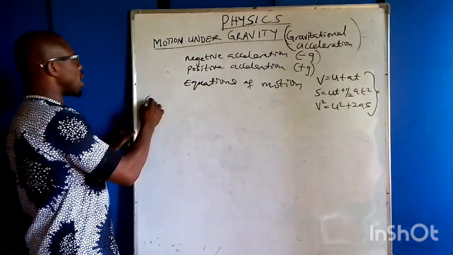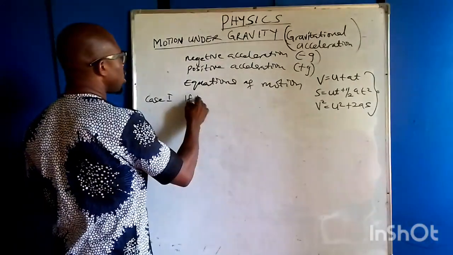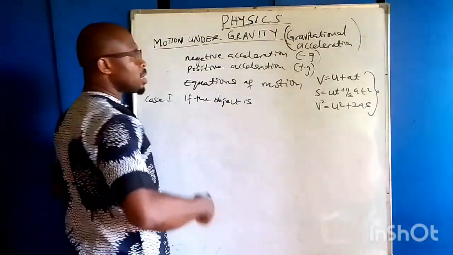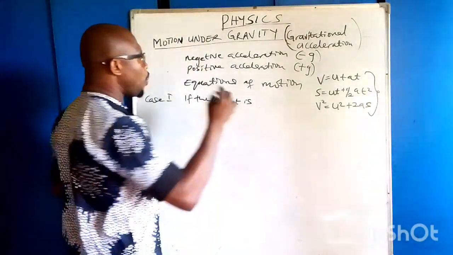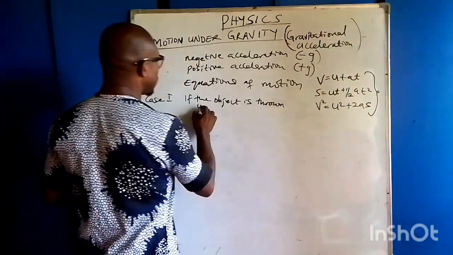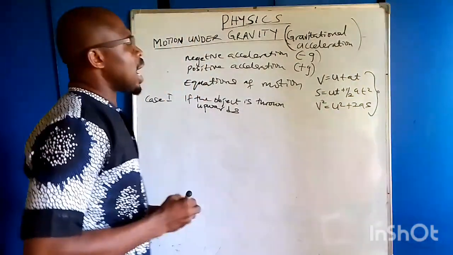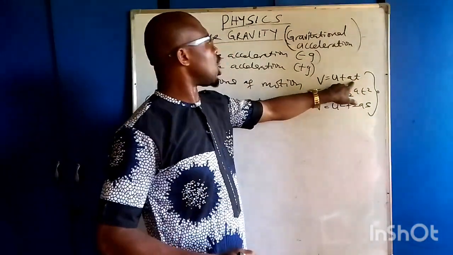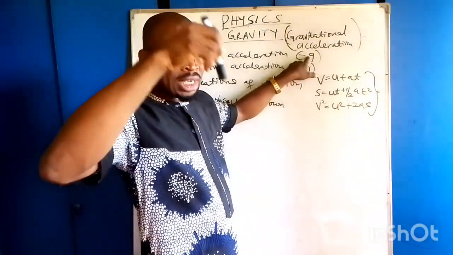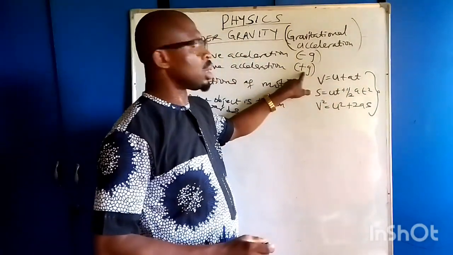Now we have case 1. Case 1 is if the object is projected or thrown upwards. Then this acceleration will change to negative acceleration. But if it is thrown downwards, or released to move freely, a changes to positive g.